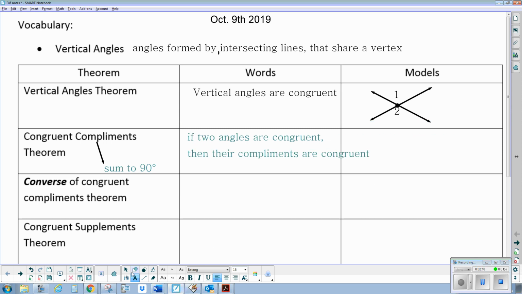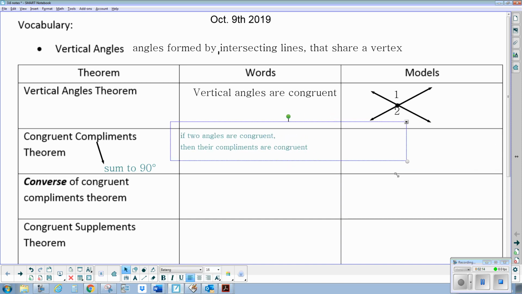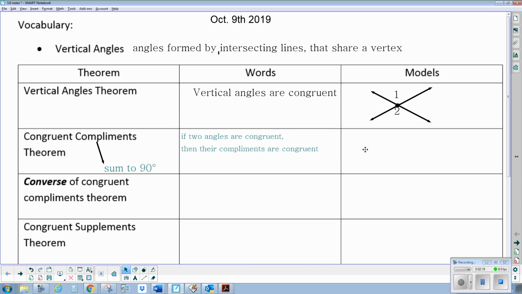Okay, so this just means if we have a 60-degree angle, which is congruent to another 60-degree angle, then their complements have to be 30 degrees for both of them.